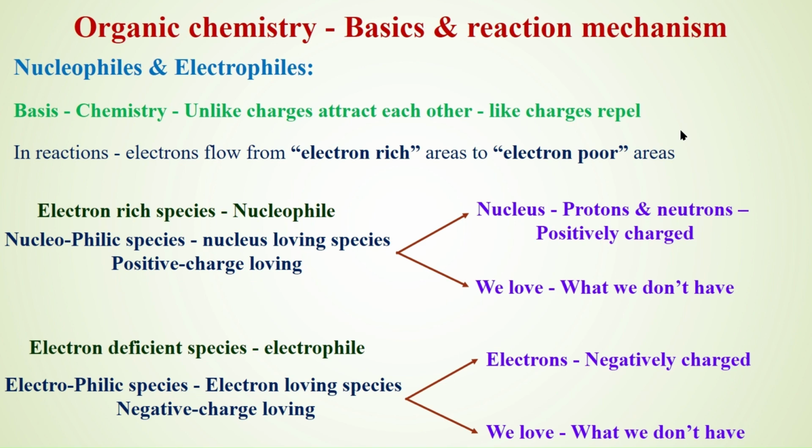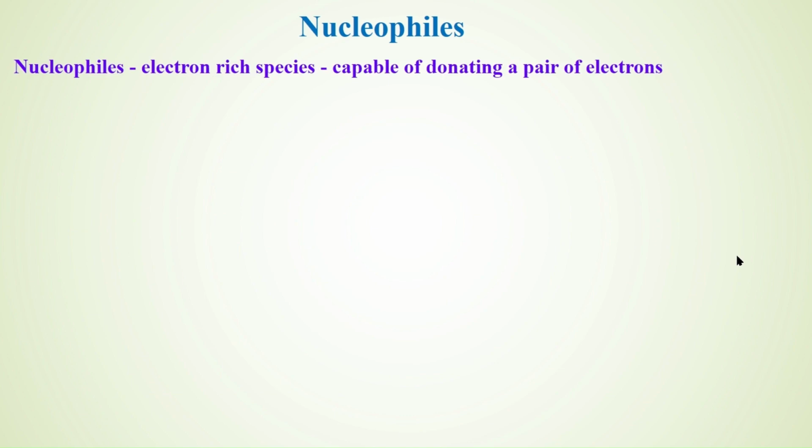Now we can relate nature's phenomena with the interaction of electrophiles and nucleophiles to form new bonds. Nucleophiles as a whole are electron rich species which are capable of donating a pair of electrons.